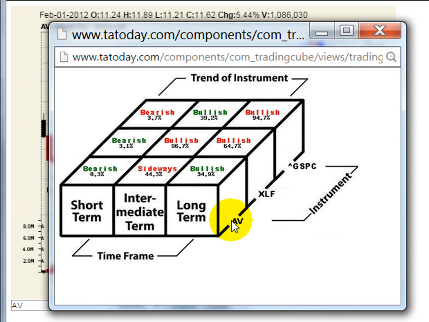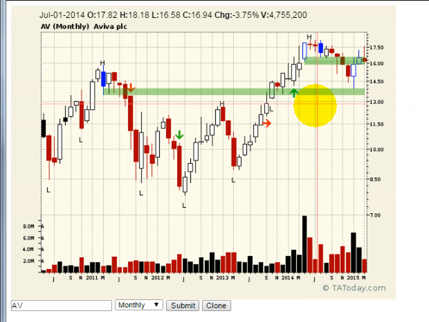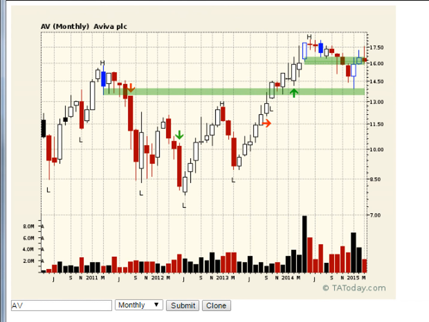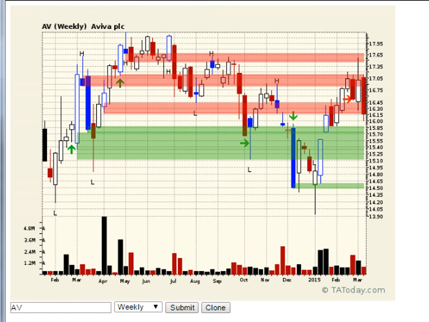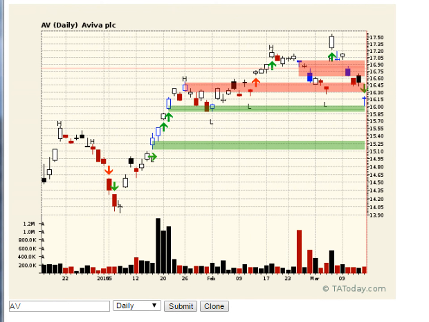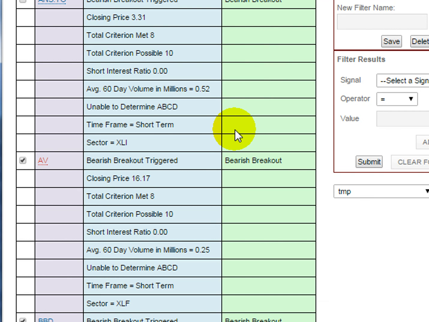It's in this sector, it's broken out, it's sideways on the intermediate, it's still bullish on the long term, and you can see that here. So the signals that are generated are easily used, via the charts, to look at it across all time frames.